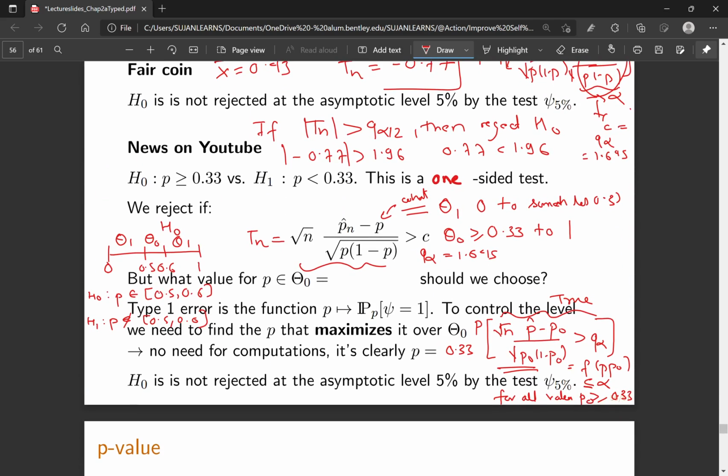Let me just tell you from the other slide. The value of this is minus 1.5, and C is minus 1.645, so the expression is not below C. Therefore, we will not be rejecting the null hypothesis. That means P is rather greater than 30% of people who watch YouTube to get their news.